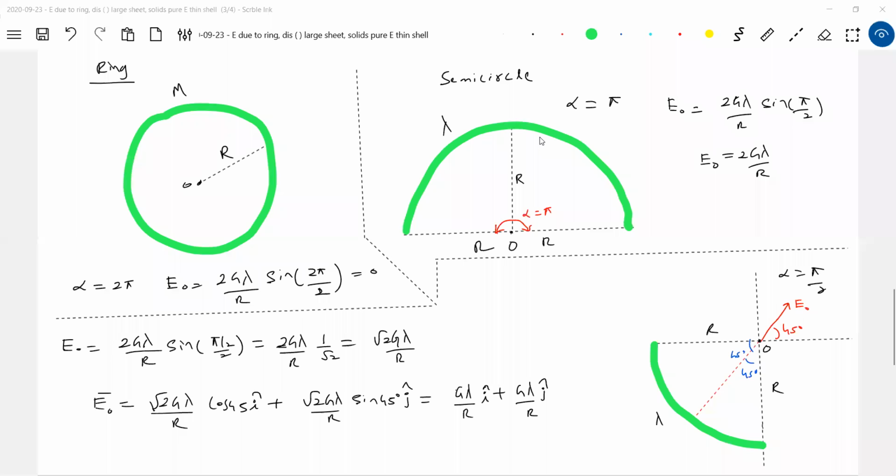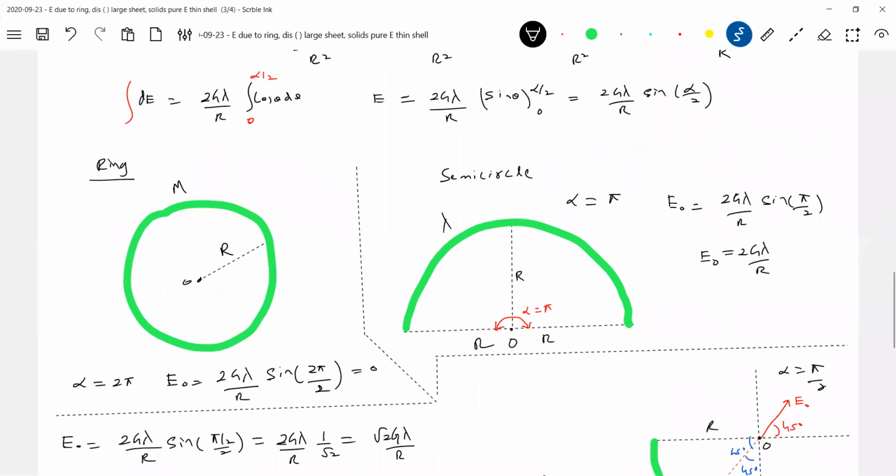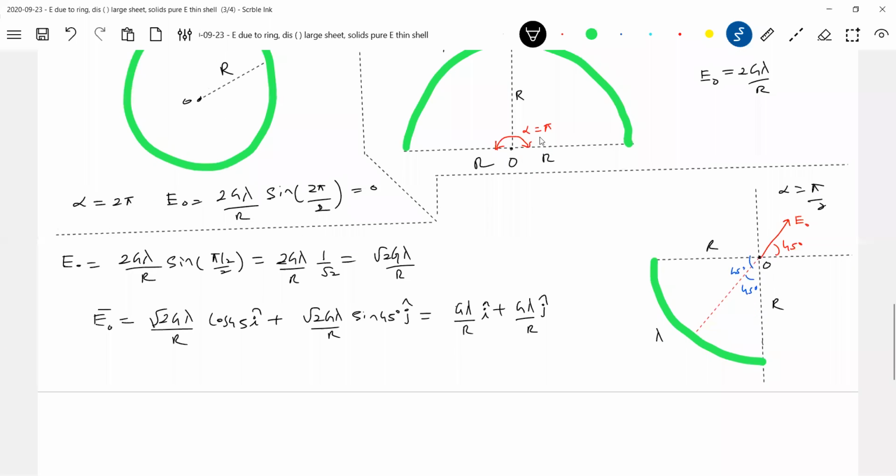Okay, this one. I think I was in electrostatics, so these things I'll change. Yes, no problem, I'll change the direction.